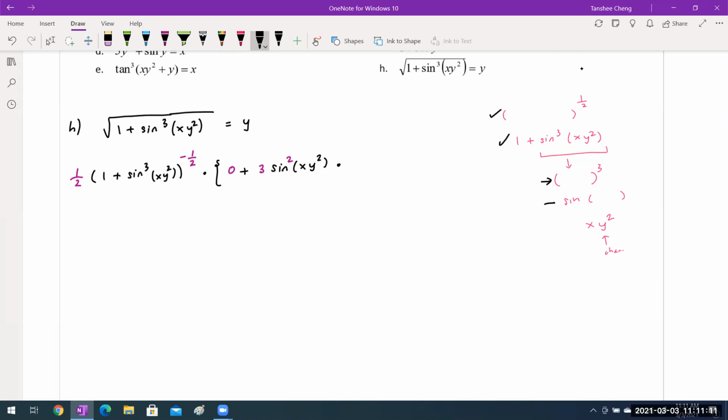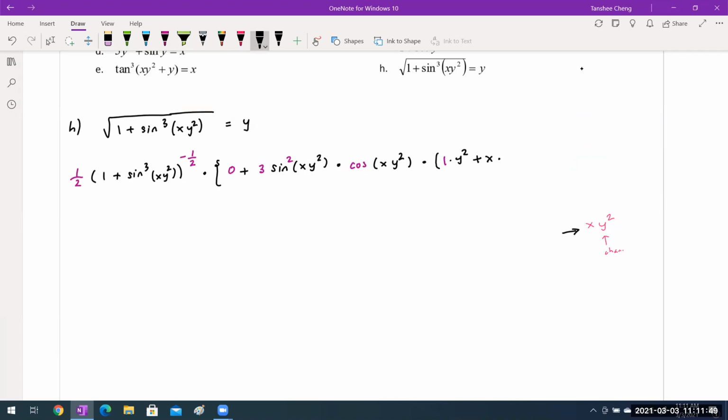Now the next part is I'm going to take care of the sine. So the derivative of sine will be cosine, and then everything inside of the cosine is the same, which is going to be xy squared. And then times with the derivative of the last part right here, for which we're going to use the product rule. So using the product rule, the derivative of the first factor, x, will be 1 times y squared, and then plus x times the derivative of y squared, where I need to use the chain rule right there.